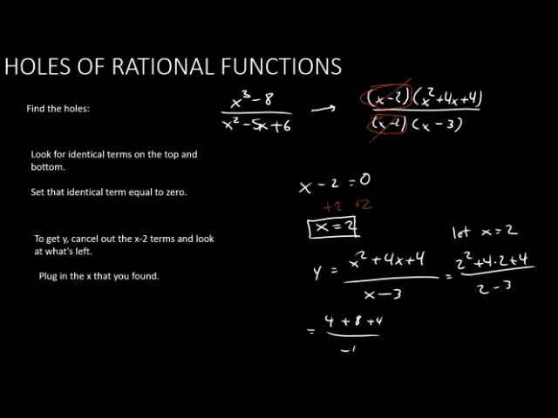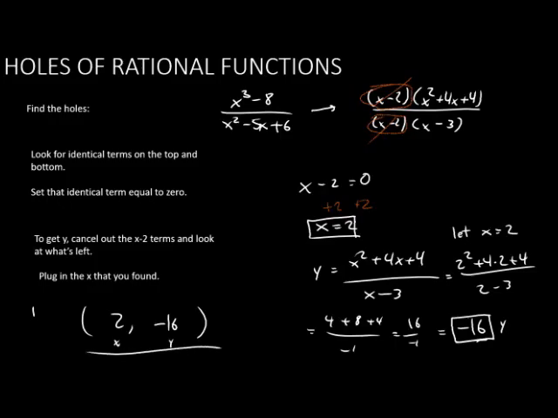If we take 4 plus 8 plus 4, this will give us 16 over negative 1, and when we divide, we'll get negative 16. This will be the y value for our hole. Therefore, we can say the hole is located at 2, negative 16. Remembering that it's not enough just to give the x, we must also give the y.